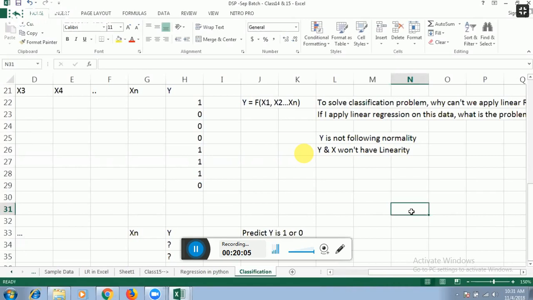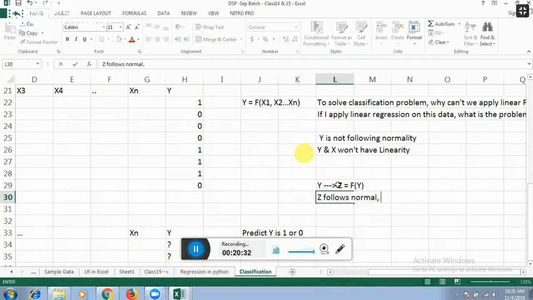What do you mean by that? Your Y is transformed into Z such that Z equals a function of Y. Then if Z follows normal, I can apply the linear regression concept on this.